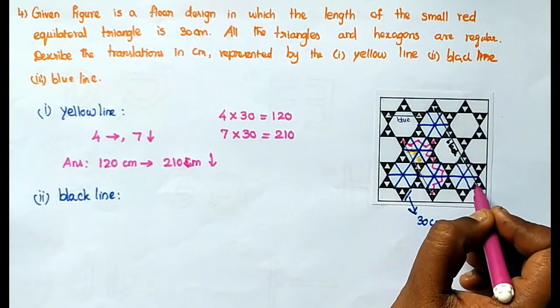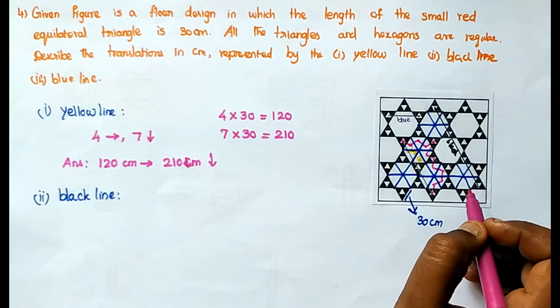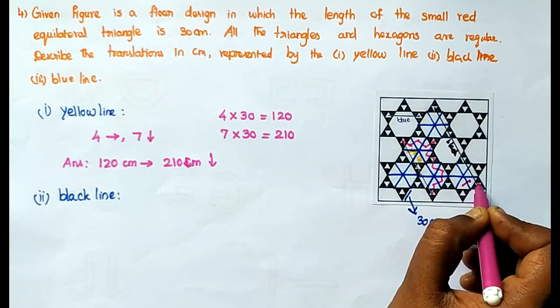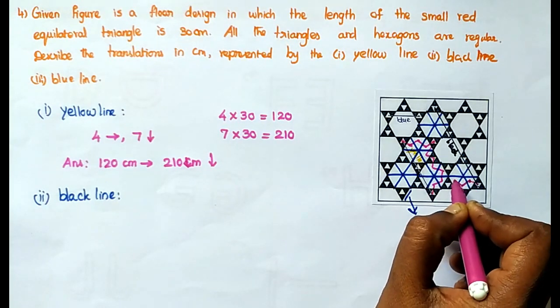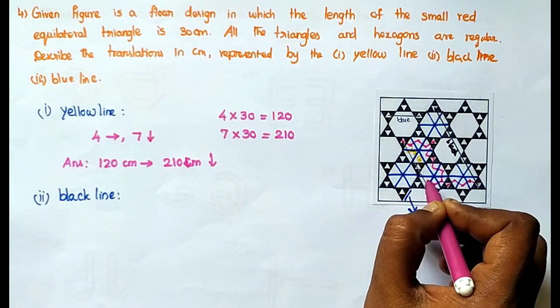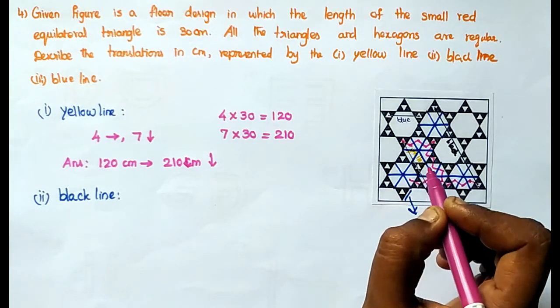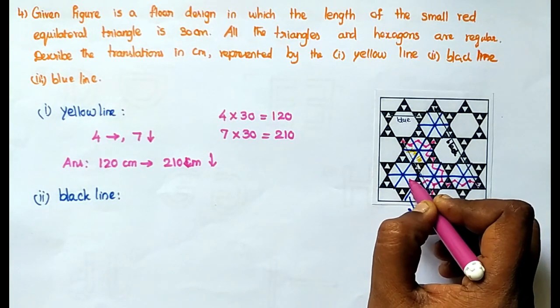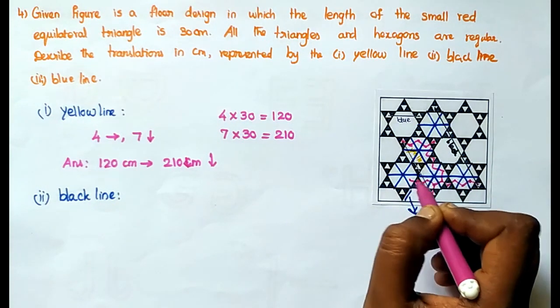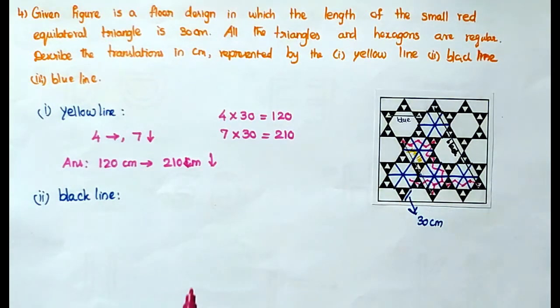Listen, the move from here to here. Arrow mark is here. So 1, 2, 3, 4, 5, 6, 7, 8, 9, from here to there. So 9 moves left.